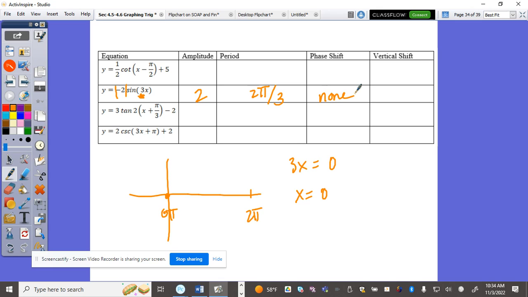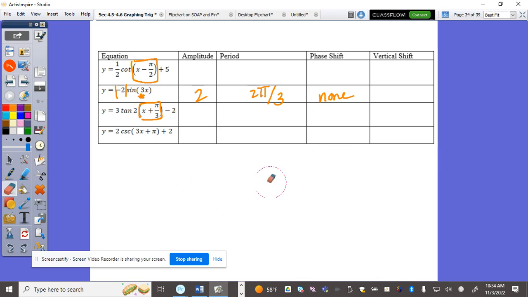There's no horizontal shifting for this kind of graph. Most of the time there's a shift, it's in a format with x minus or x plus a certain degree or radian. Vertical shift, there's none. There's no number here, so there will be no vertical shift.